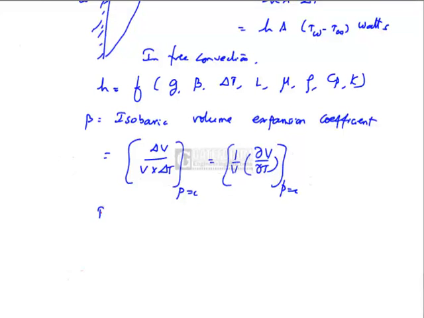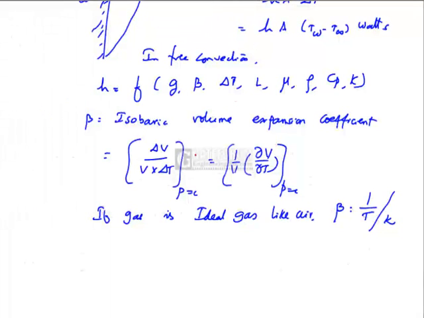For an ideal gas like air, beta value will be 1 by capital T per Kelvin.